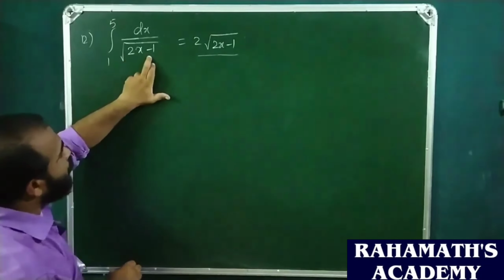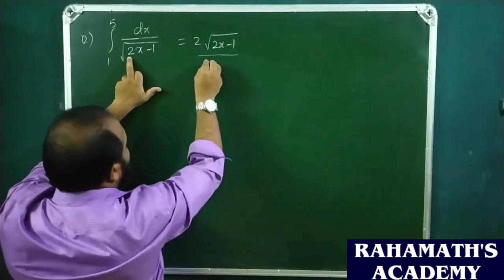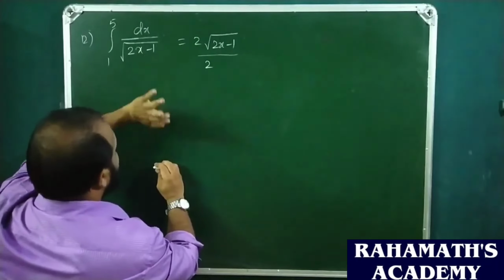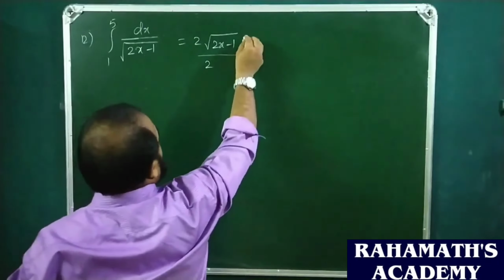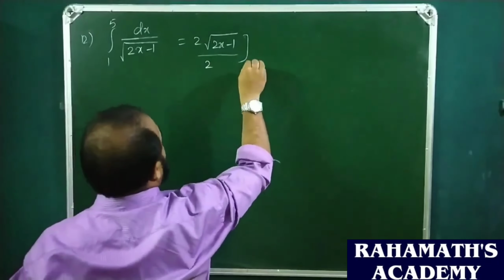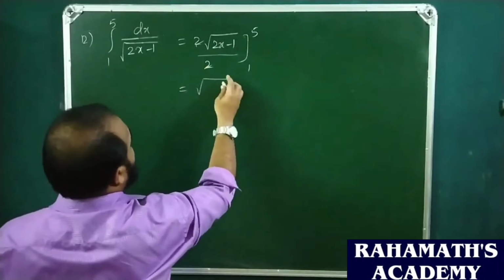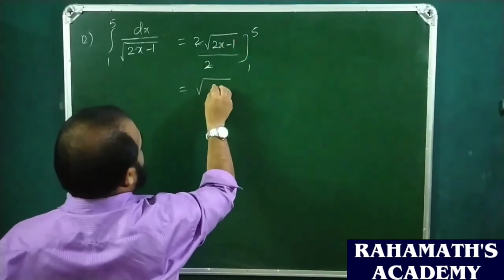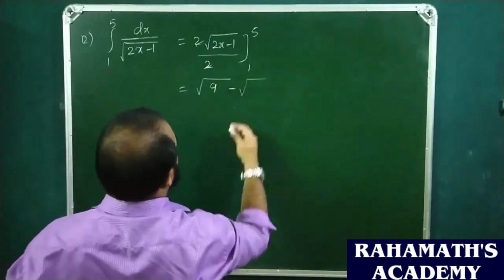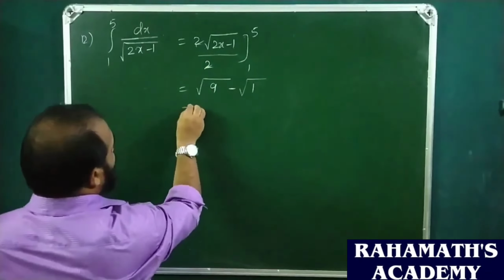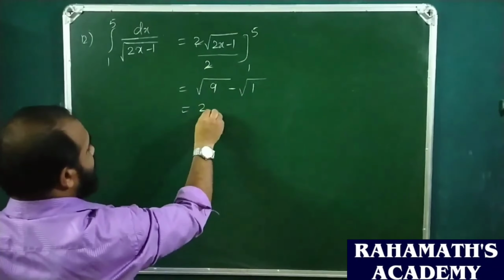So d by dx of 2x minus 1: 2x derivative is 2, x derivative 1, minus 1 derivative is 0. So here 1 to 5 is to be written, 2 gets cancelled. So square root of 2 5s are 10 minus 1, 9, minus square root of 2 1s are 2 minus 1, 1. So root 9 value 3 minus 1, which is 2.